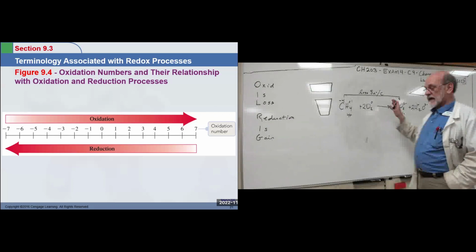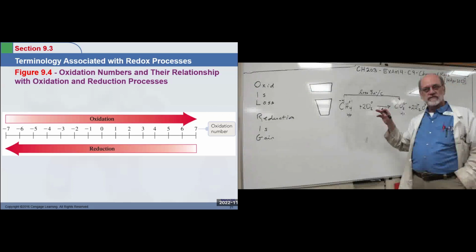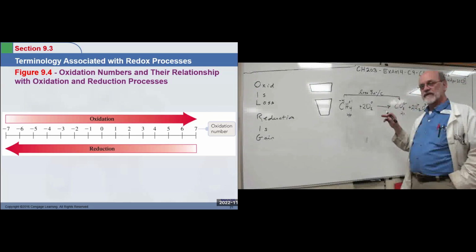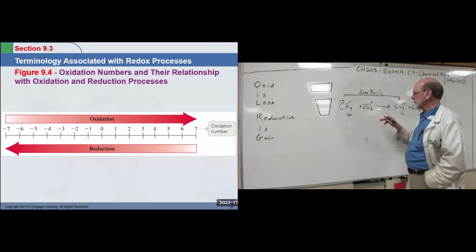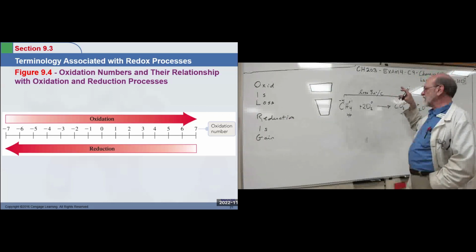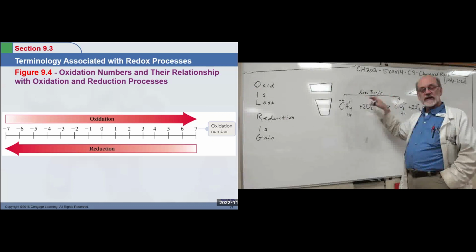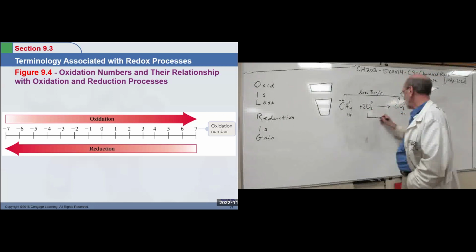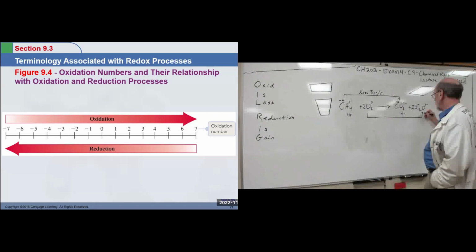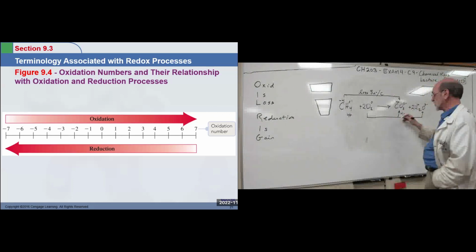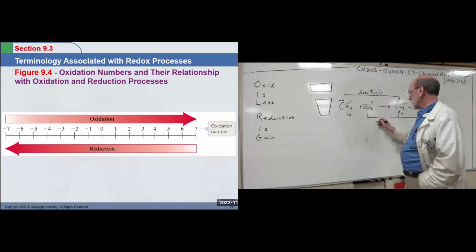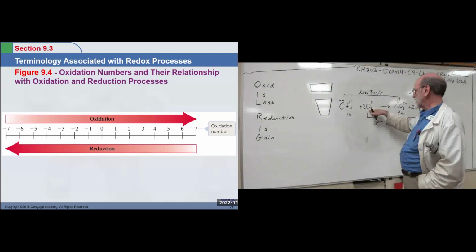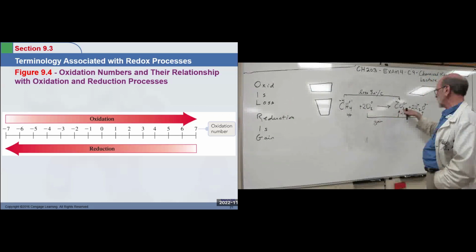Okay, and the other thing that you need to know and remember, grab onto it with all 4 feet, is that the number of electrons transferred during oxidation must be equal to the number of electrons transferred for reduction. So these 8 electrons have to go somewhere, right? They go to this oxygen. And they go to this oxygen. They go 2 places. How many electrons to go from here to here and here to here?